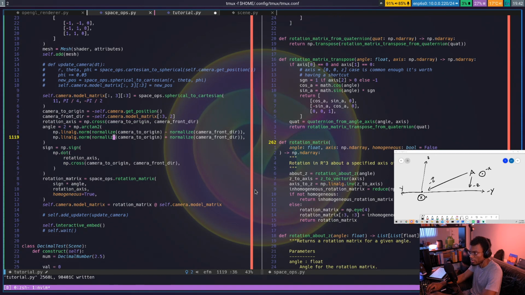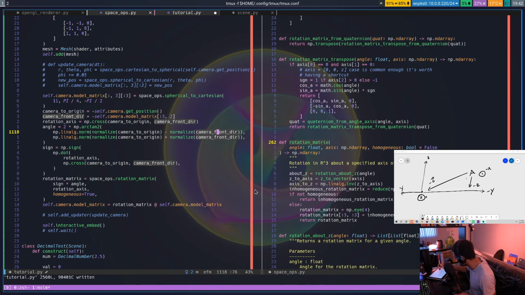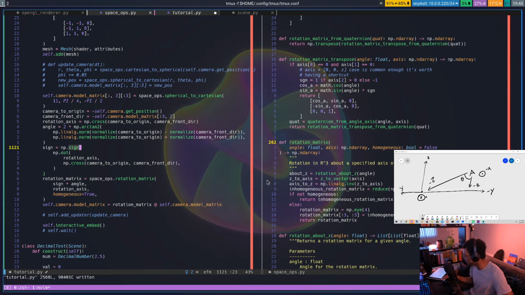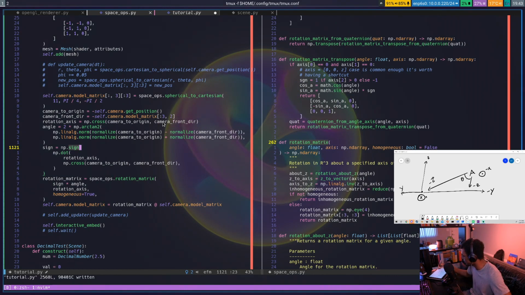Then I get the angle between those, camera to origin and the camera front direction, which is this angle. That's theta. The sine of this. I don't know the sine of this. Well, actually I do, right? To get this vector, the rotation axis, I crossed the camera to origin vector with the camera front direction. So that means the positive direction is this way. This is the positive theta.